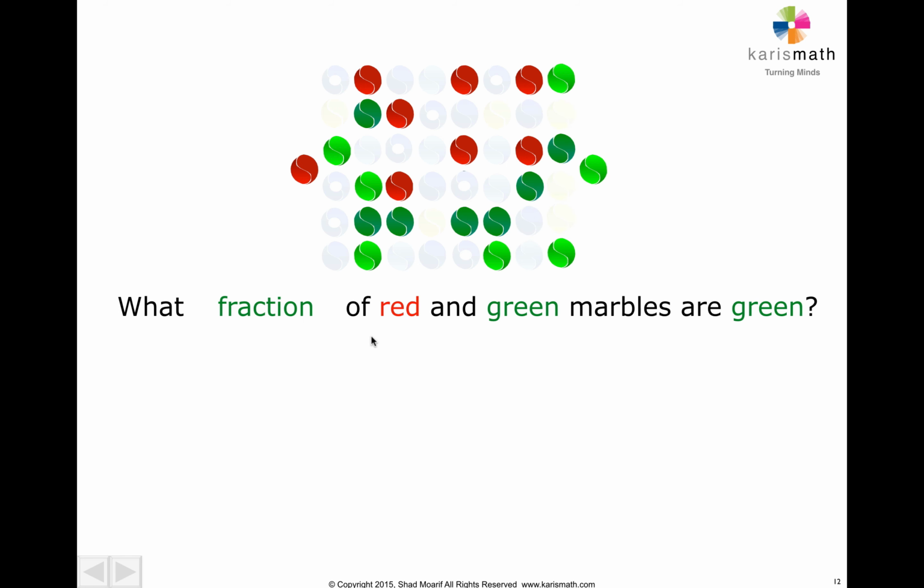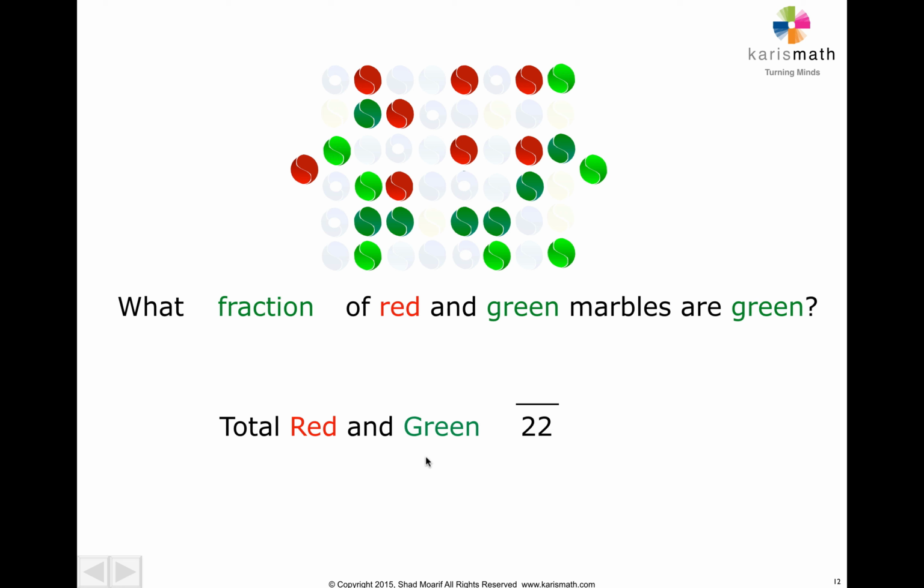Now, the question is, what fraction of red and green marbles, that's all the ones you see here on the screen, are all red and green. What fraction of these are just green? So now you count all the red and green marbles, and you find that the total number of red and green marbles happens to be 22.